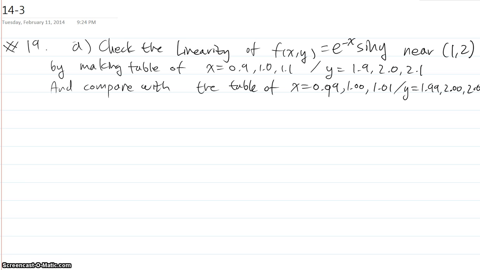Part A asks to check the linearity of this three-dimensional function, f(x,y) equals e to the negative x times sine y, near 1 and 2.